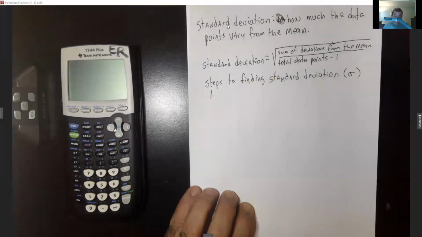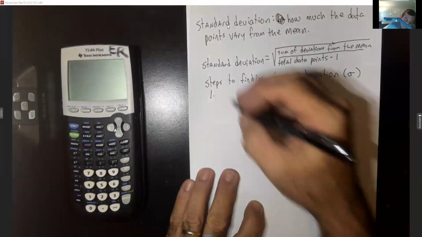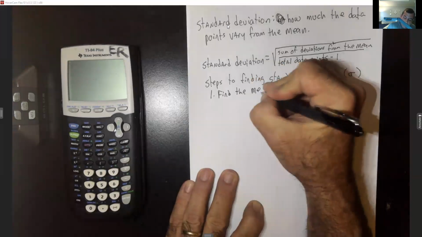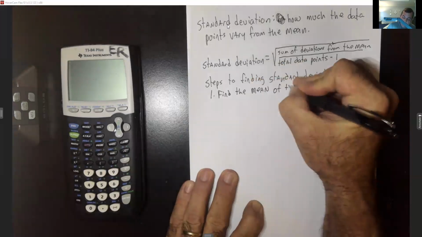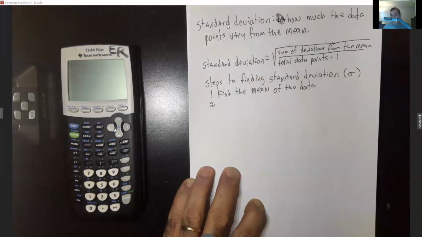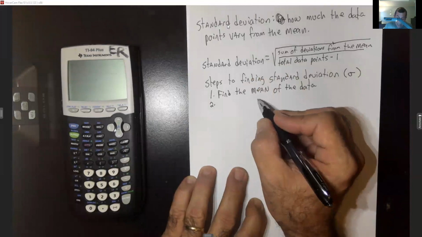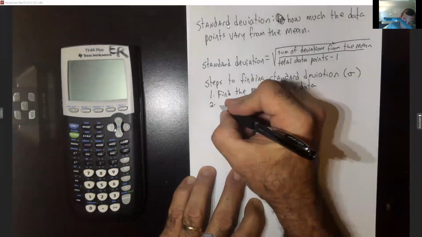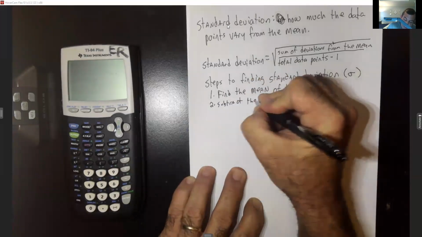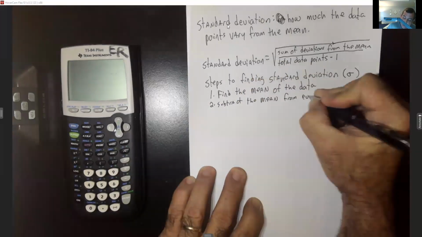So here's our steps. We're going to find the mean of the data. Then we're going to subtract that mean from every one of our data points. So subtract the mean from every data point.